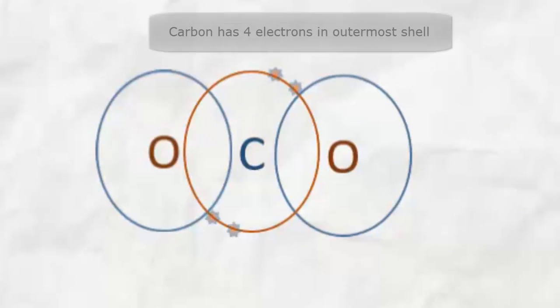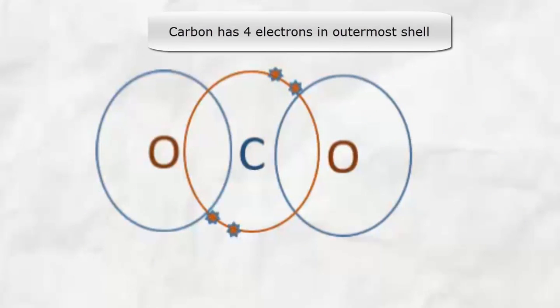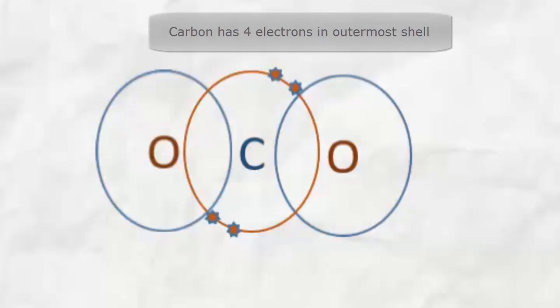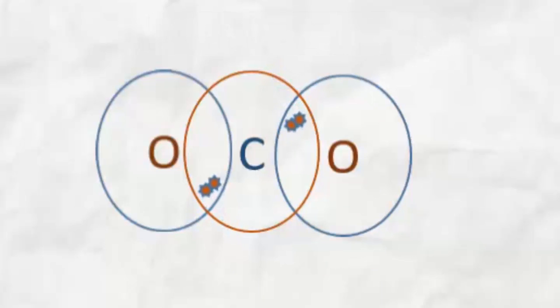We already know that carbon has 4 electrons. Carbon shares its 4 electrons among 2 oxygen atoms. Oxygen has 6 electrons in its valence shell. So 2 here, and it shares its 2 electrons with the carbon atom. So this is the electrons of the oxygen.